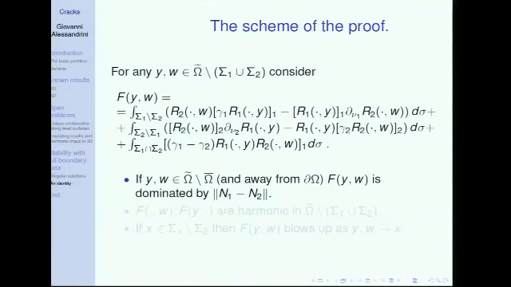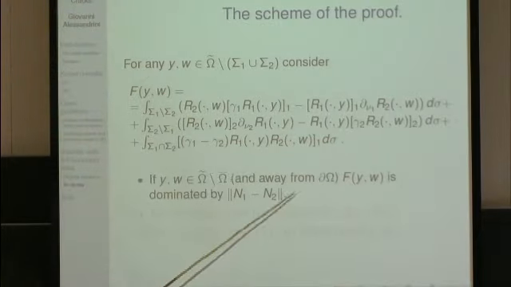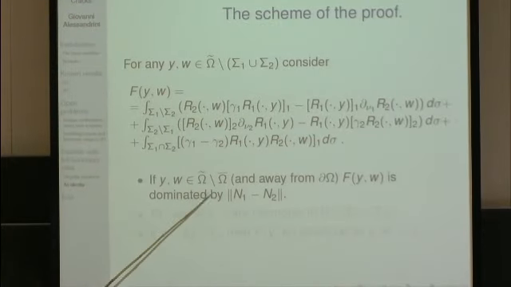Now, in the case in which I have the identity that I have shown you in the previous slide, then because of the identity, I can estimate this function here in terms of the difference of the Dirichlet to Neumann maps. So if these two maps are close, this is also small, provided y and w are in this layer here.